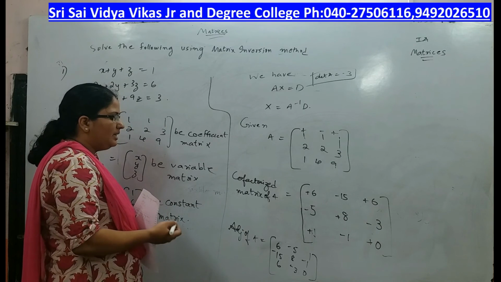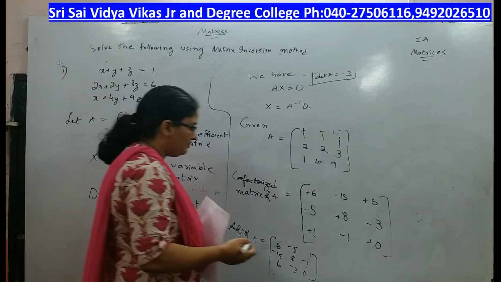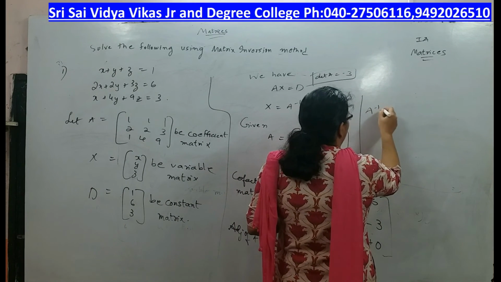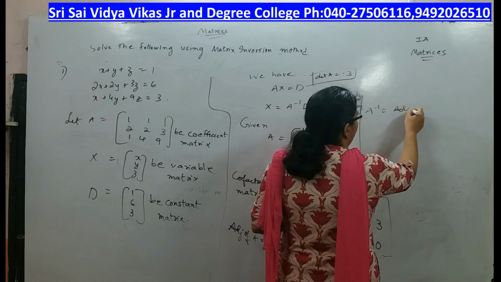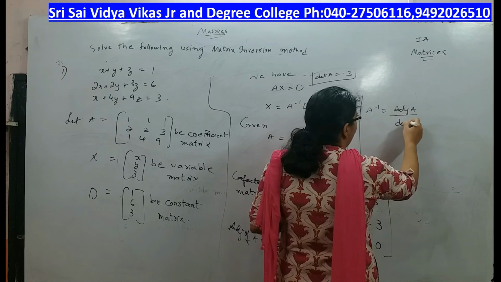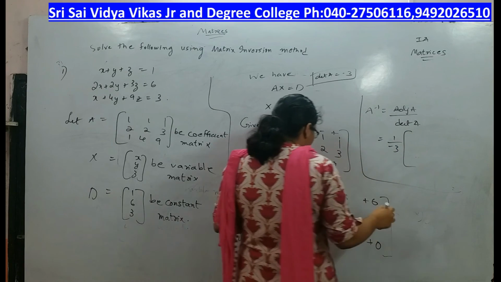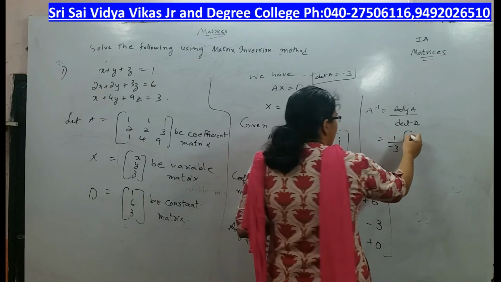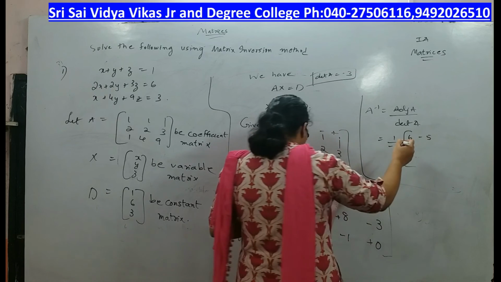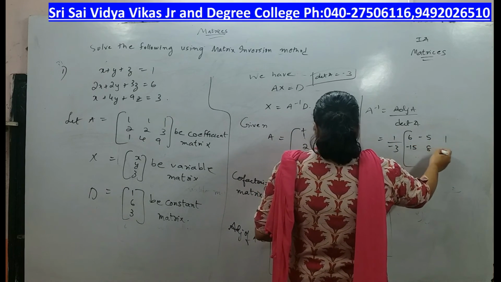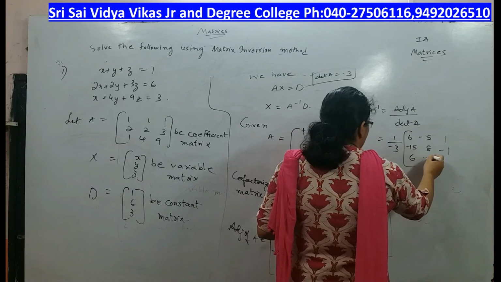Now what is A inverse? Adjoint A by det A is A inverse. A inverse is equal to adjoint A by det A, that is equal to 1 by minus 3 into [6 minus 5 1; minus 15 8 minus 1; 6 minus 3 0].